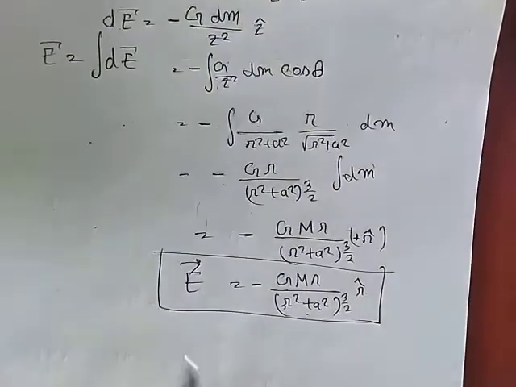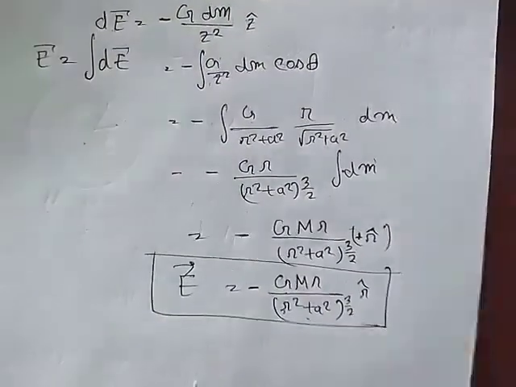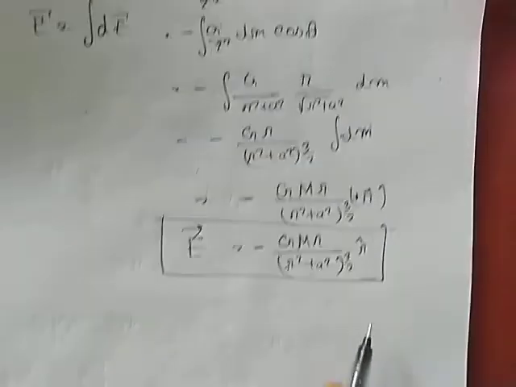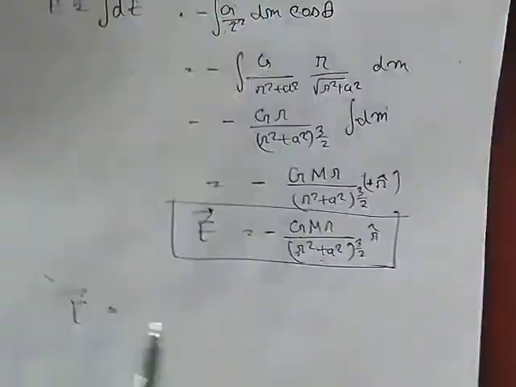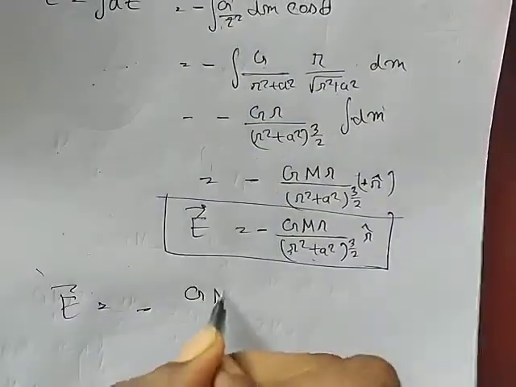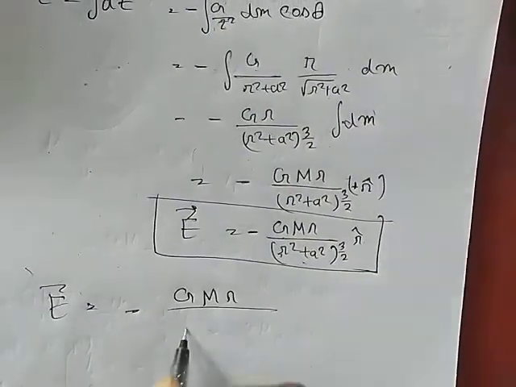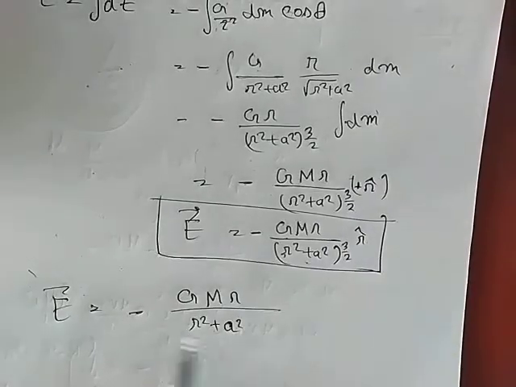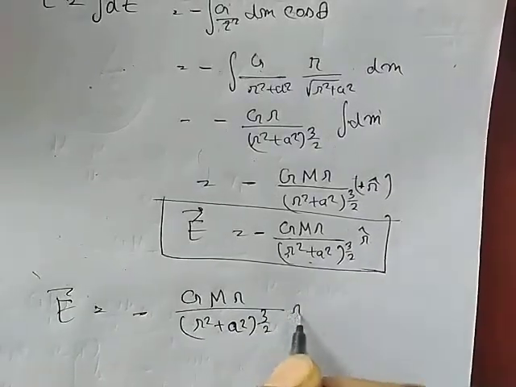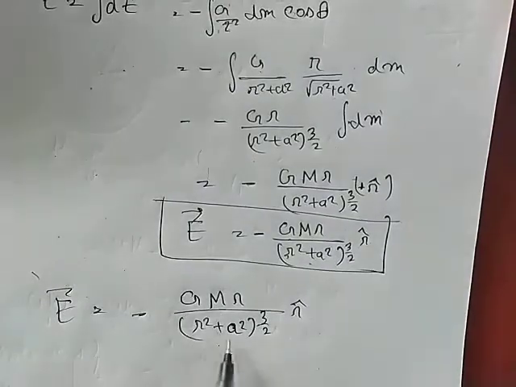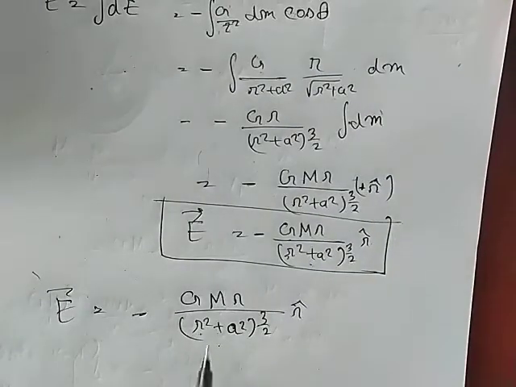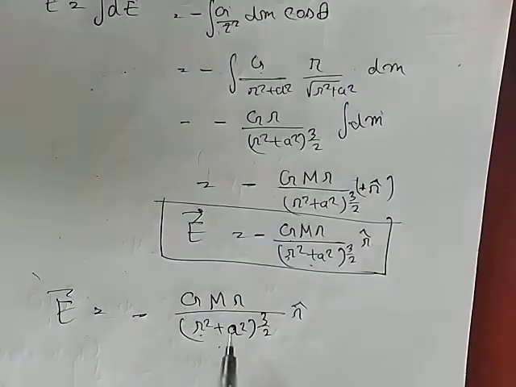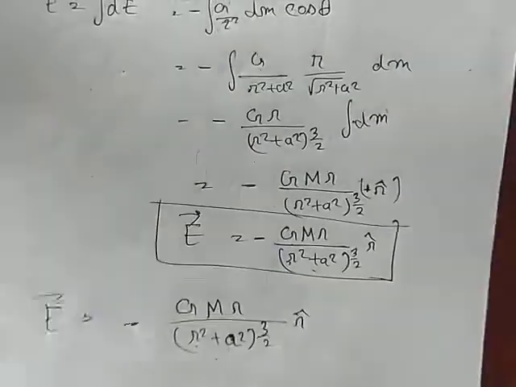So we can write the field due to a circular ring at a distance r along its axis as E equal to minus GMr by r square plus a square to the power 3 by 2 r cap, where r is the distance from the center of the ring to the point, and a is the radius of the ring.